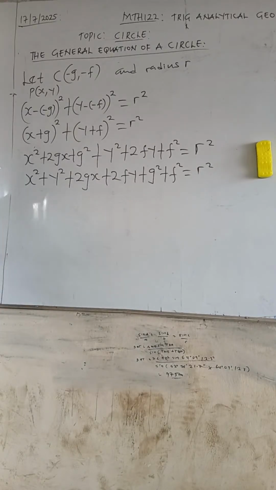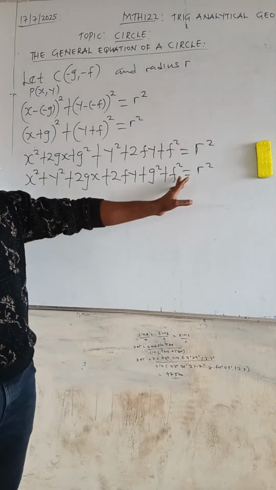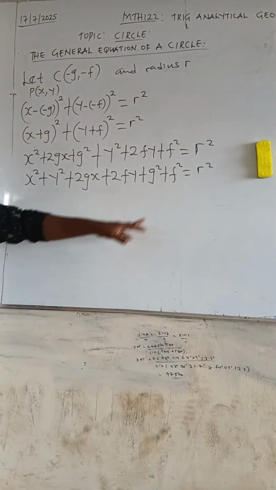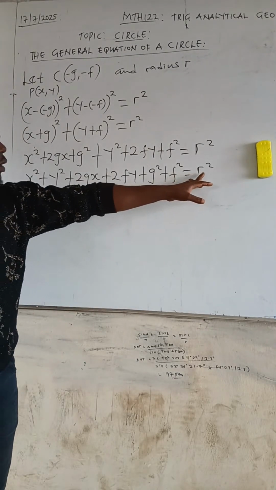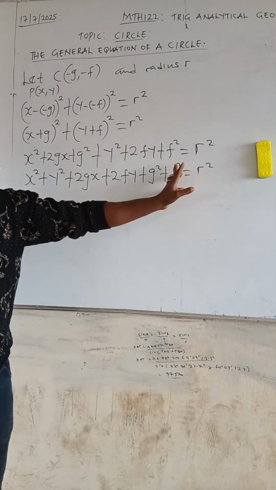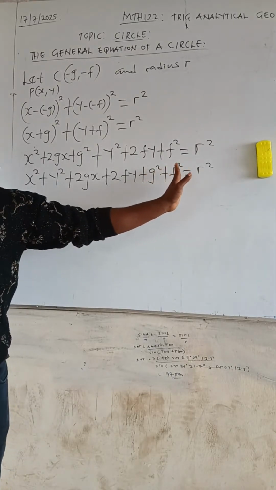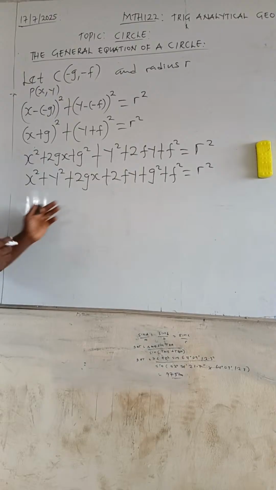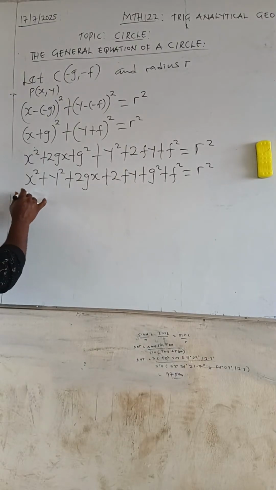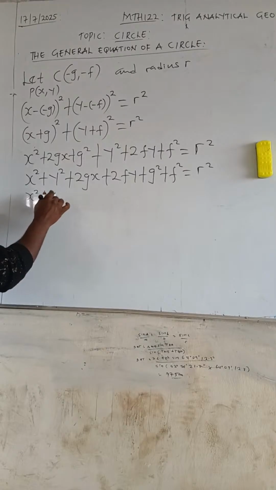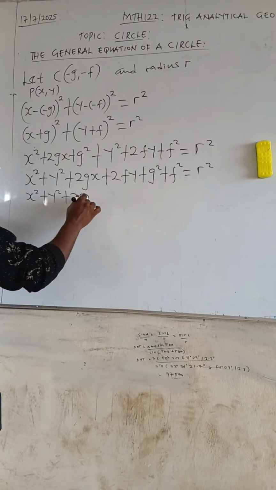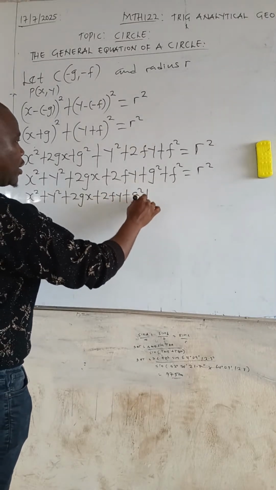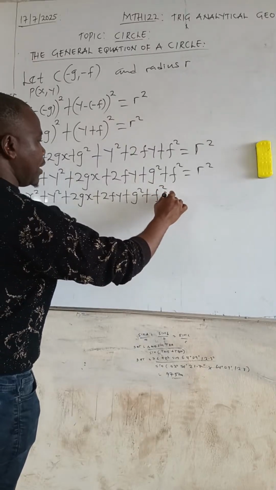Okay. So now let us move this r squared to the left hand side. If we move r squared to the left hand side, this is how the equation will look: x squared plus y squared plus 2gx plus 2fy plus g squared plus f squared minus r squared.